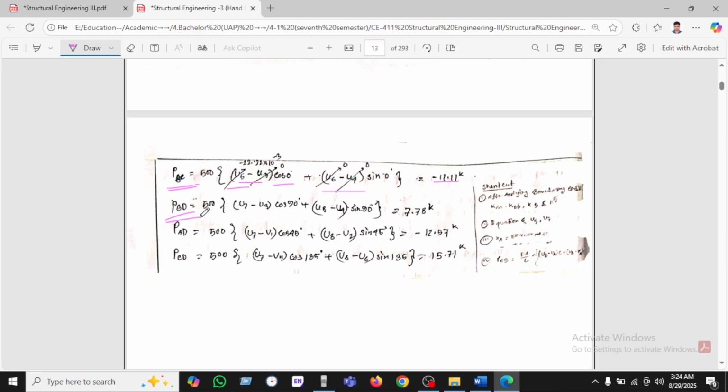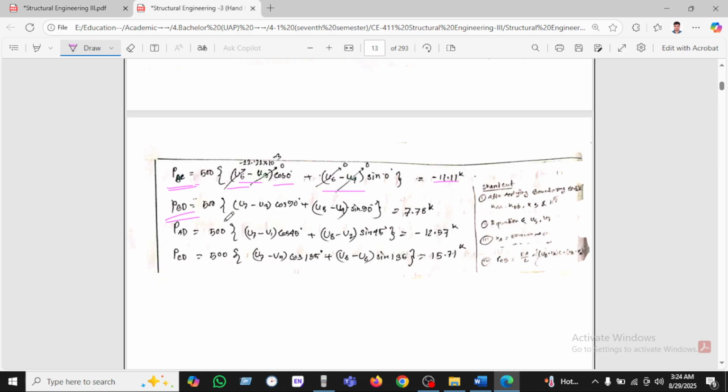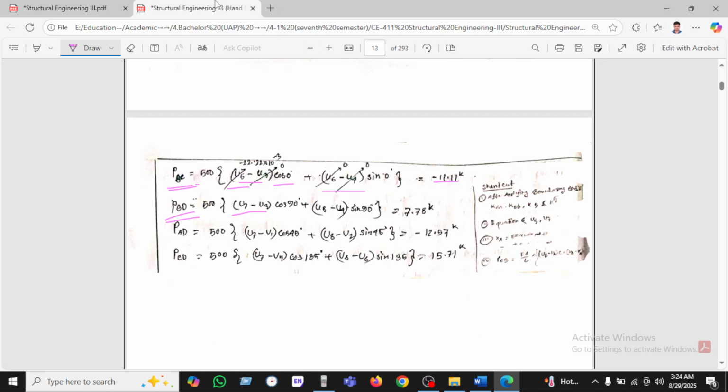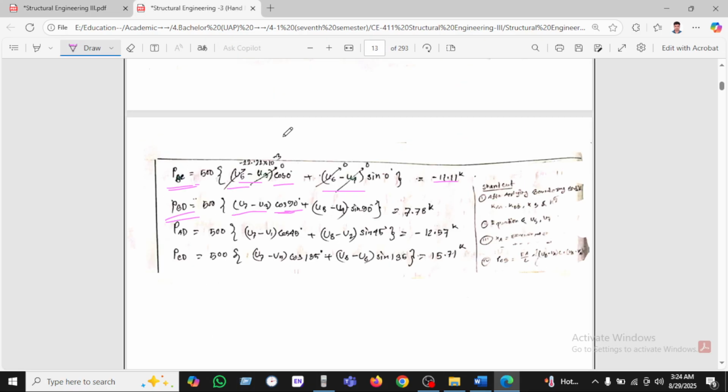Similarly, we can calculate the FBD. If you go to the FBD, this is the FBD. So FBD equals U7 minus U3. Here U7 is horizontal and U3 is also horizontal, so 7 minus 7 with cos 90, as it is taken from the horizontal theta.